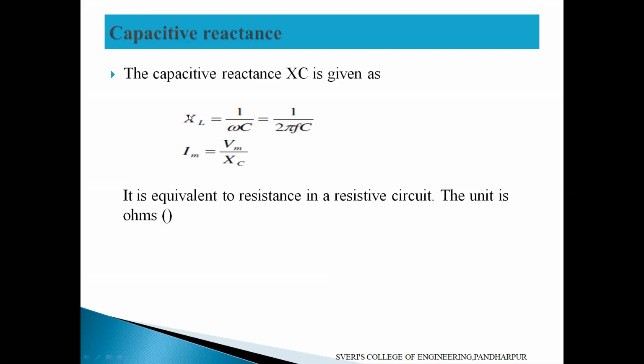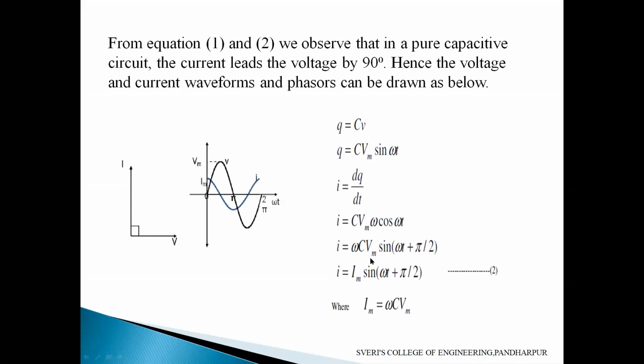XC equal to 1 by omega C. Here we have omega C into Vm, so omega C equal to 1 by XC. So Vm by XC is nothing but Im. Reactance is like a resistance. According to Ohm's law, I equal to V by R, so V by X is nothing but I. So maximum voltage gives maximum current.